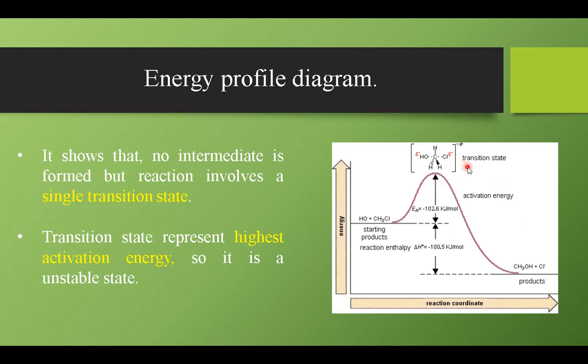It shows that no intermediate is formed but the reaction involves a single transition state. This transition state represents the highest activation energy, so it is an unstable state. The reason is that activation energy is inversely proportional to the rate of reaction, that means higher the activation energy, slower is the rate of reaction.